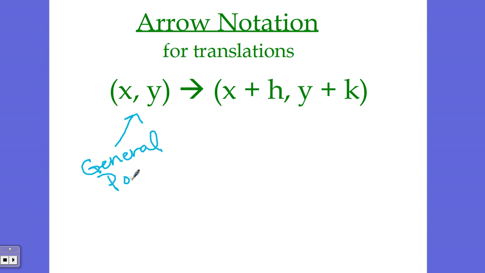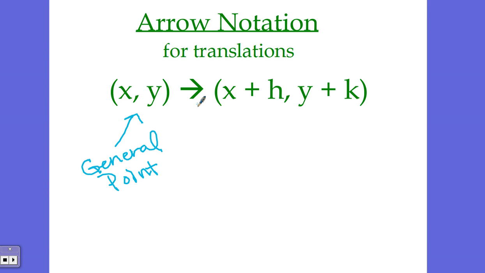It's nothing specific. This can be true for any x value and any y value. These can be positive numbers, negative numbers, decimals, fractions, whole numbers. Totally doesn't matter. X and y can be any number. This stands for any point on our graph.